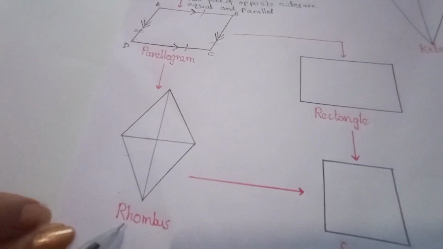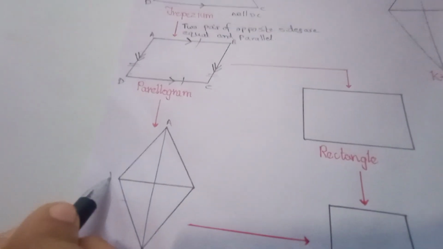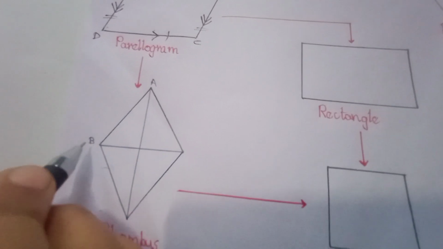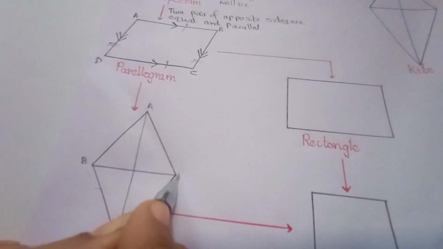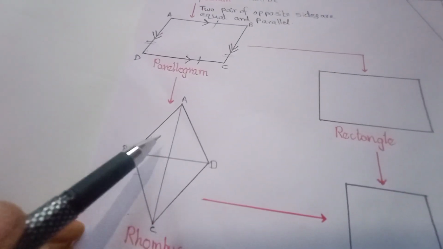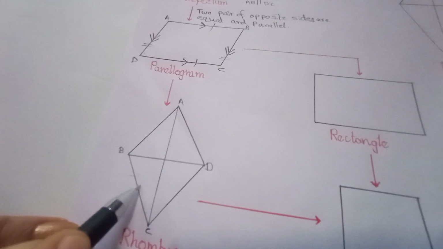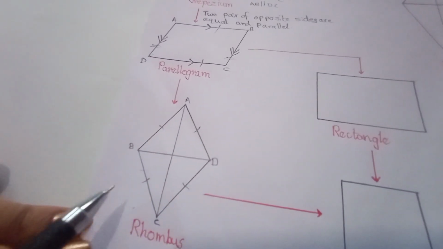It becomes a rhombus. Just name it. In this rhombus, all sides are equal. Four sides are equal.